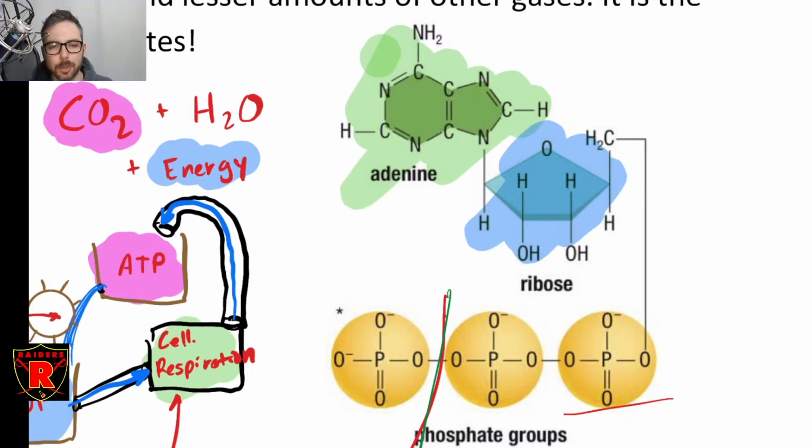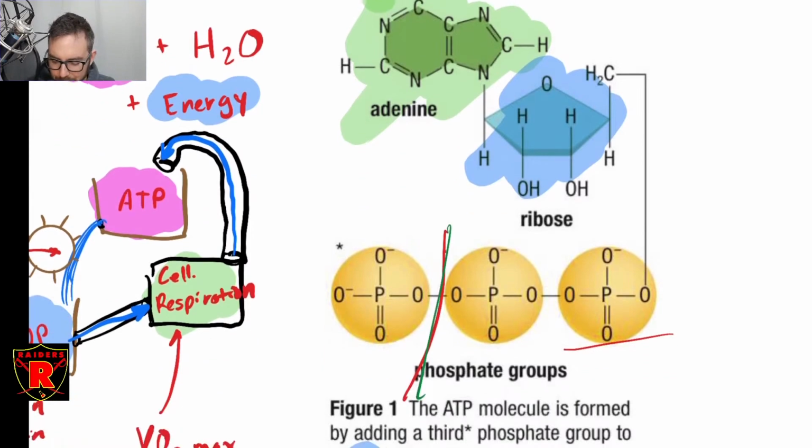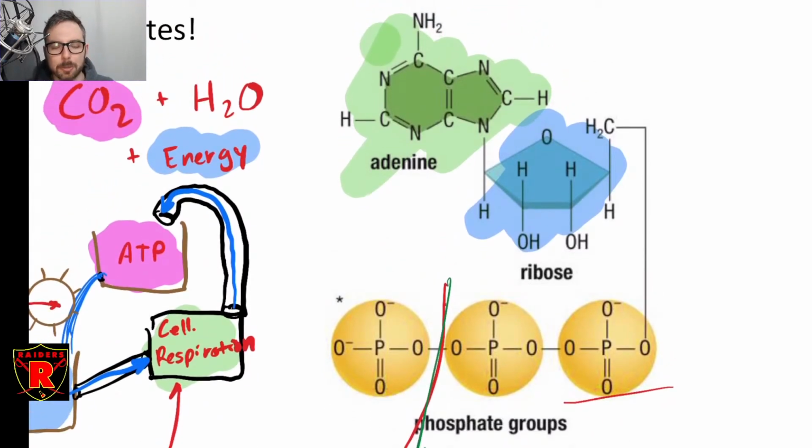Phosphate is PO4 3 minus, and it's a polyatomic ion. You would have learned this in grade 10 chemistry. There are 3 of them linked together in an ATP. That's why it's adenosine triphosphate. The tri just means 3.